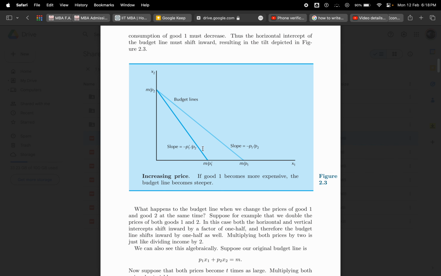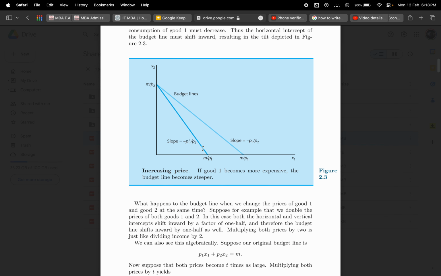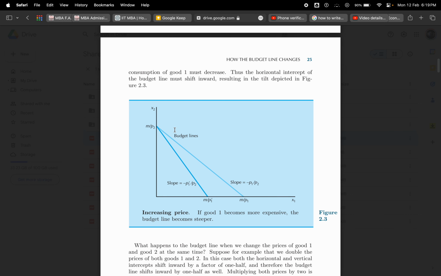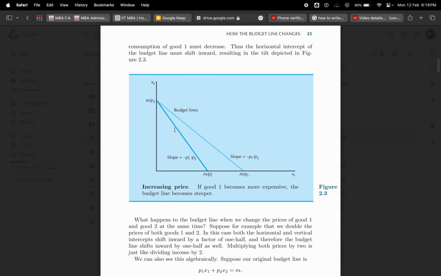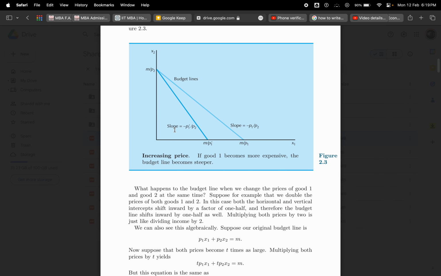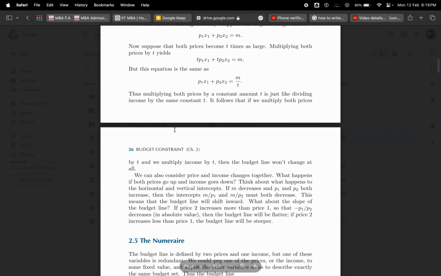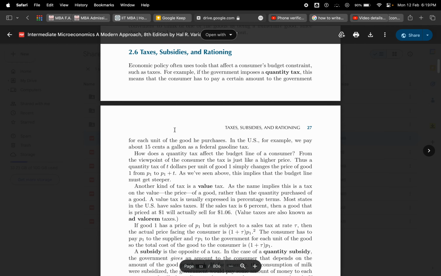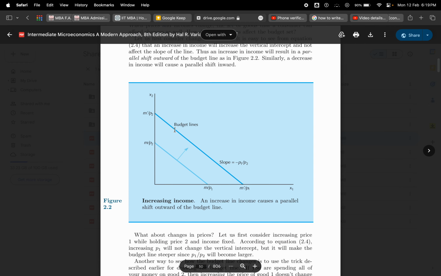But when lump sum tax happens, lump sum tax means it doesn't really matter how much of the quantity you consume of good 2 or good 1. The government will take a chunk of it, whatever the amount of money you have. Let's suppose you have 100 rupees, then the government is going to take 10 rupees for given. I don't think lump sum tax is common.